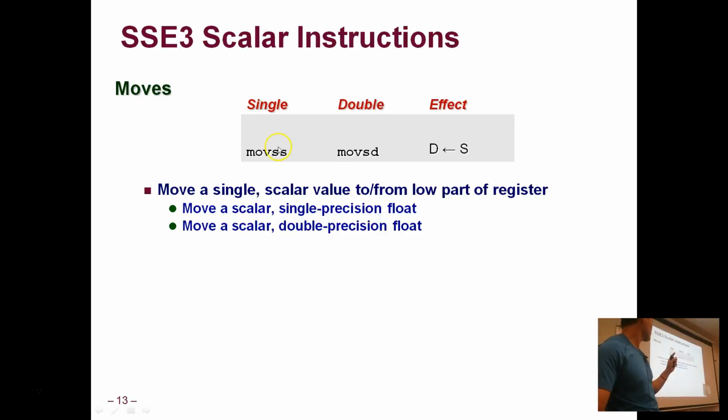So this says I'm going to move a scalar single precision floating point number. The last letter is the data type that I'm moving. So this says single precision. So move scalar single precision versus move scalar double precision. This is the move double, this is the move float. All right, that's the notation.